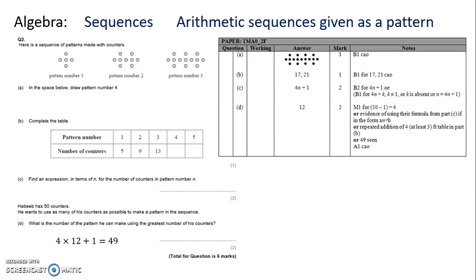So how close to 50 can I get with my 4 times table but still be below 50 because I'm going to have to add 1? Well, I know that 48 is in the 4 times table. So if I do 4 times 12, I get 48. Add 1 gives me 49. So the 12th pattern is the last one that he can make. That's as far as he can get with 50 counters.